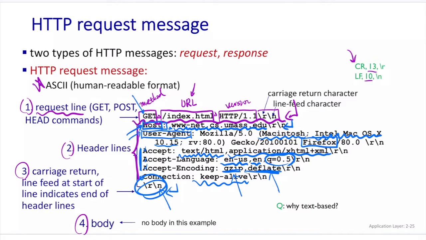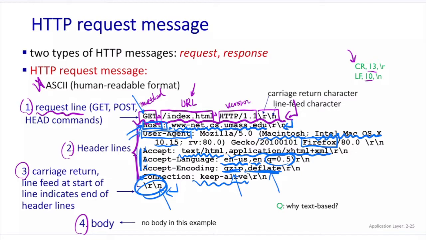Okay. The reason why we use text-based, ASCII-based characters to build an HTTP message is that, as you can see, in those different headers, the values of these headers might be variable length, right?